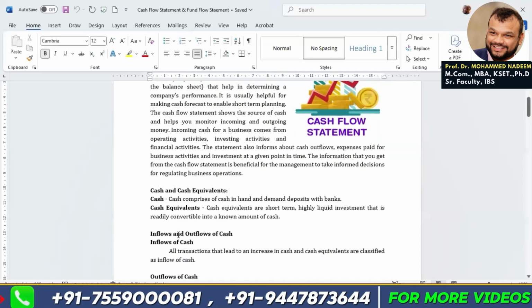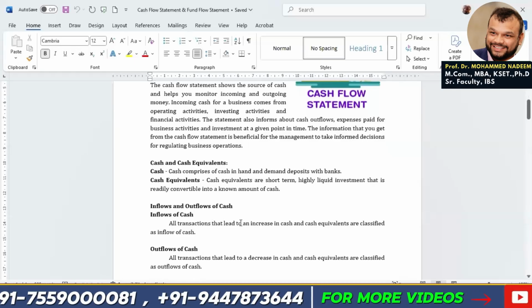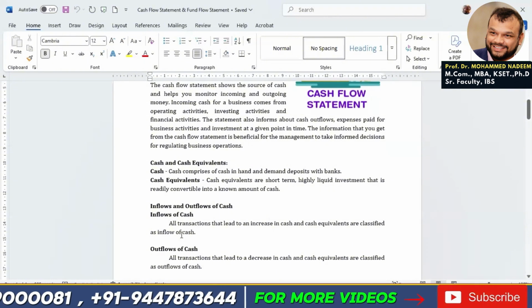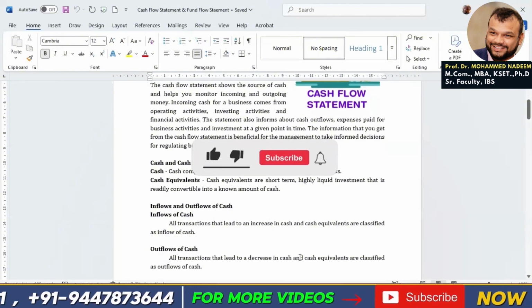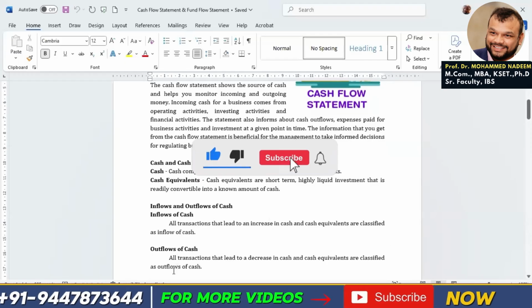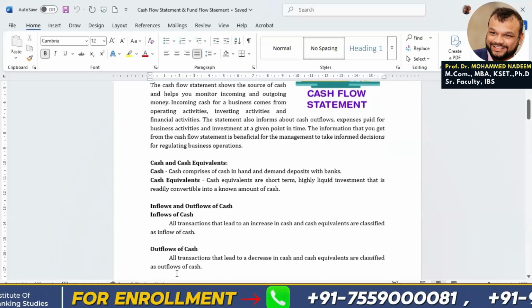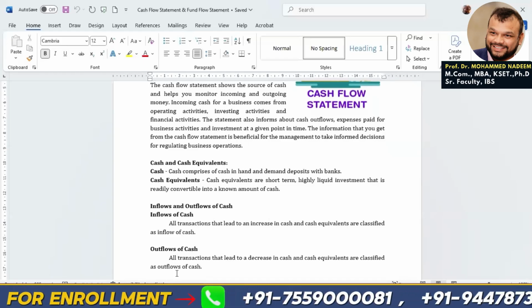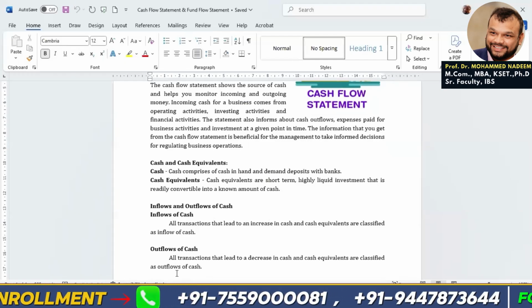Now, inflow and outflow of cash means what? All transactions that lead to an increase in cash and cash equivalents are classified as cash inflow. And all transactions that lead to a decrease in cash and cash equivalents are classified as cash outflow. Any transaction, it might be sales, it might be purchases, whatever it is, that leads to an outflow of cash is called cash outflow.